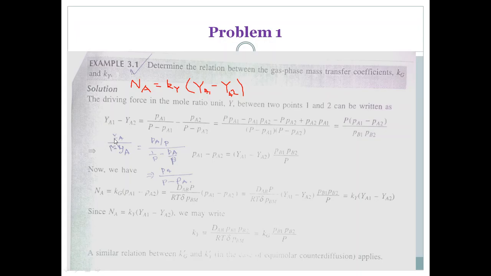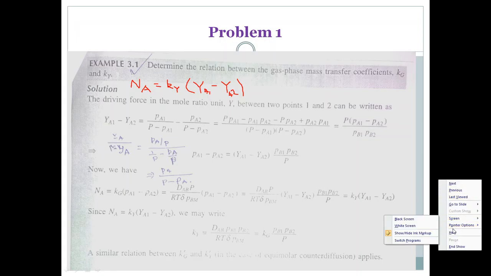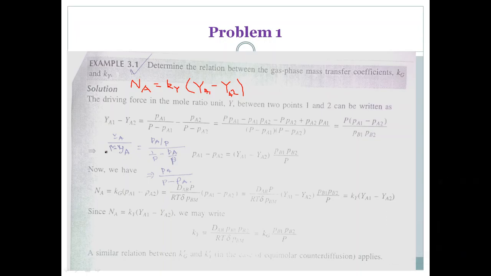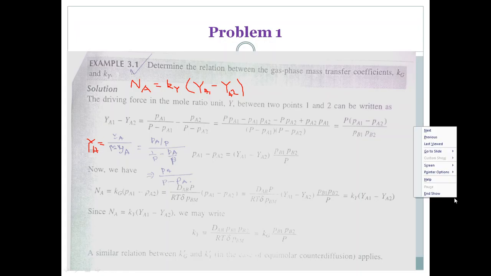So capital YA is converted ultimately to the partial pressure pa by (P minus pa).